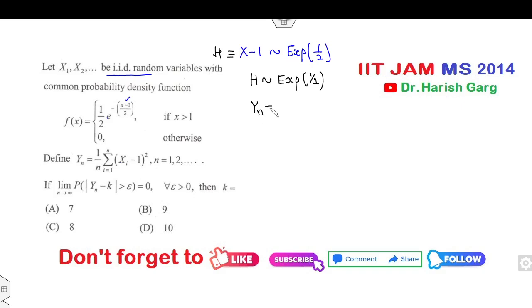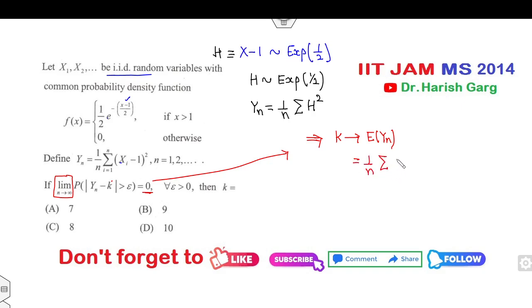Your Yn is defined as 1 over n of the sum of h square. Now if the limit as n approaches infinity is 0, what is the meaning of this case? That means this will converge to the expected mean of the Yn. Now can you find the expected mean of the Yn, which is nothing but 1 over n times the expected value of h square.